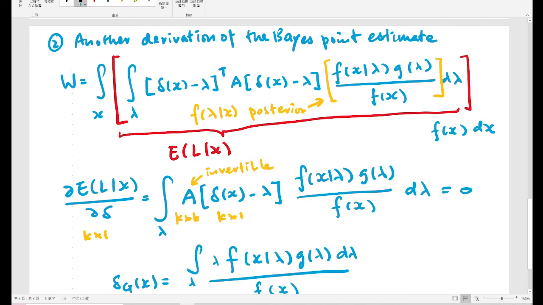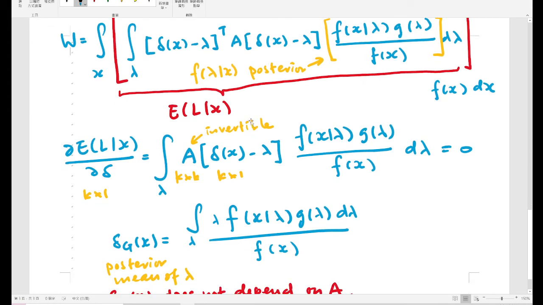So in fact, we can use calculus to minimize this inner integral. Then we can get the optimal decision of point estimate. And remember, in orange color, I try to refresh your memory, and in the orange parenthesis, this is the posterior probability.